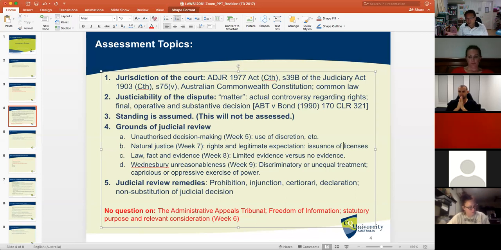That's one. The second question is, courts in exercising judicial review cannot substitute their decision for that of the decision maker. In general, they can only quash the decision of the decision maker. So that's your other point.